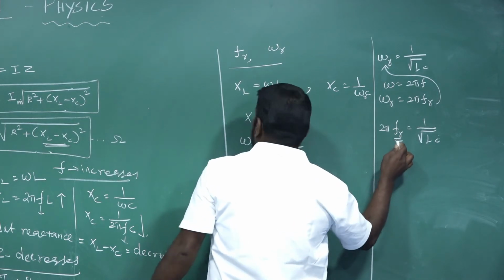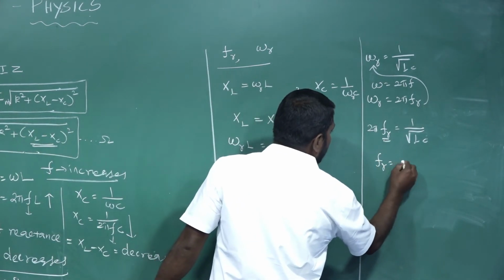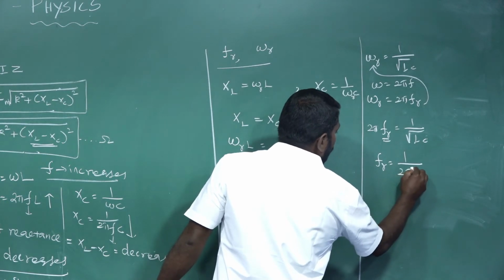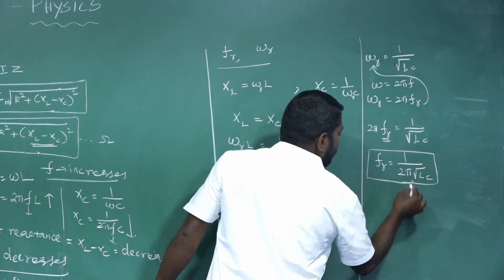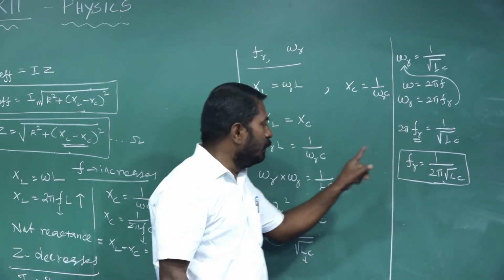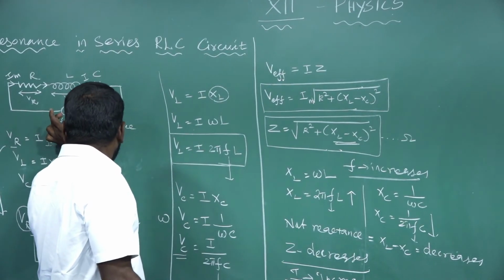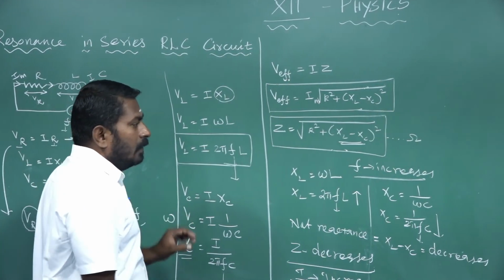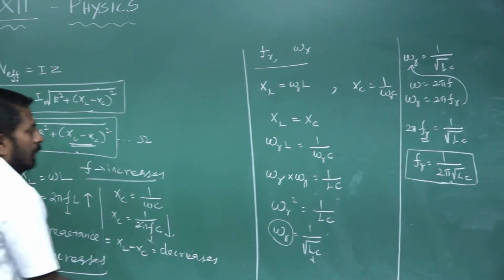So fr, the frequency of AC voltage at that particular frequency, is equal to 1 divided by 2 pi root LC. It is a very very important expression: the frequency of AC voltage at that particular frequency fr is equal to 1 divided by 2 pi square root of LC.